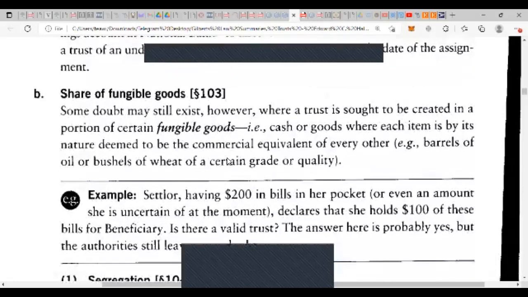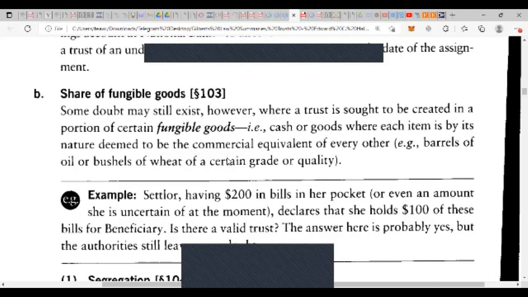B. Share of fungible goods, Section 103. Some doubt may still exist, however, where a trust is sought to be created in a portion of certain fungible goods, i.e., cash or goods, where each item is by its nature deemed to be the commercial equivalent of every other, such as barrels of oil or bushels of wheat of a certain grade or quality.